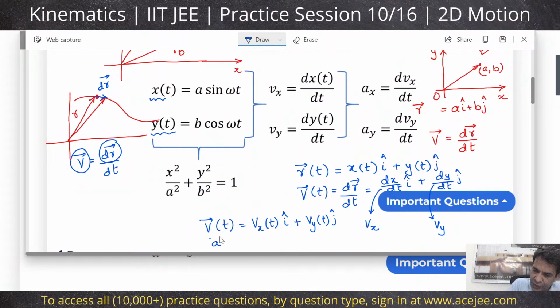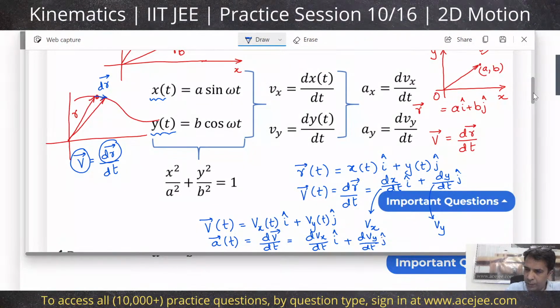Now, the acceleration vector is nothing but the rate of change of the velocity with time, dv by dt. So that will give us dvx by dt i cap plus dvy by dt j cap.